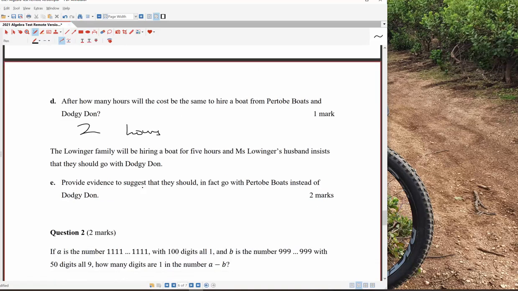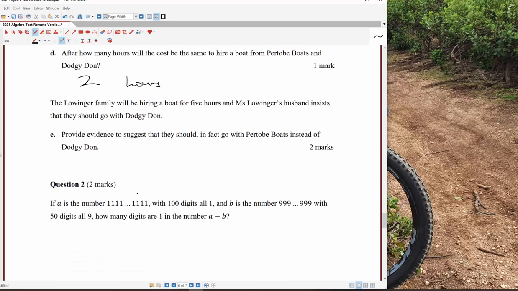The Lowinger family will be hiring a boat for 5 hours, and Ms. Lowinger's husband insists they should go with Dodgy Don. Provide evidence to suggest that they should, in fact, go with Petoby Boats instead of Dodgy Don. So work out, so this is Petoby, is 15 times 5 hours plus 10. So 15 times 5 is 75, plus 10 is $85.